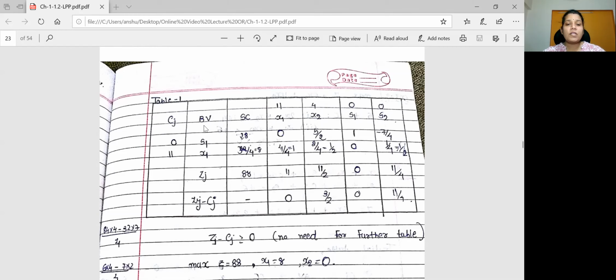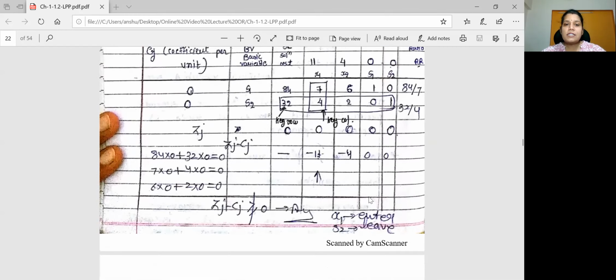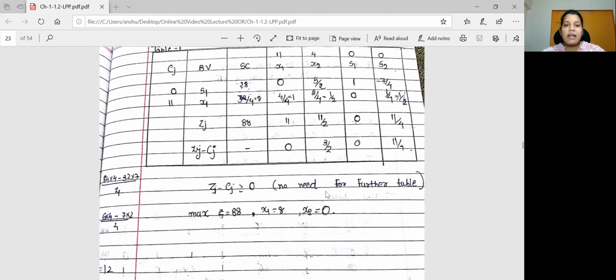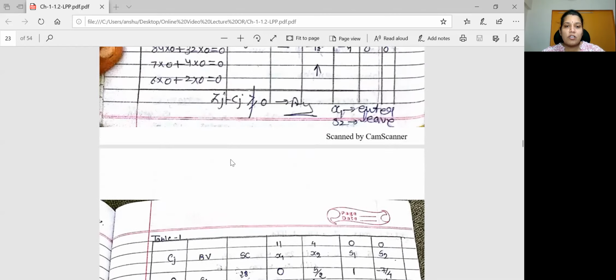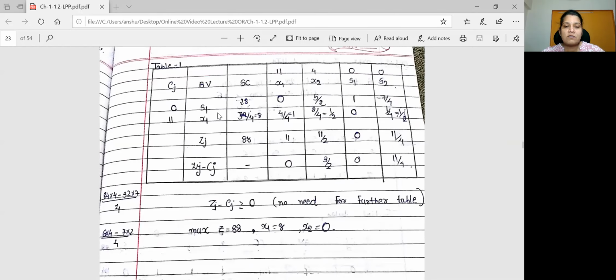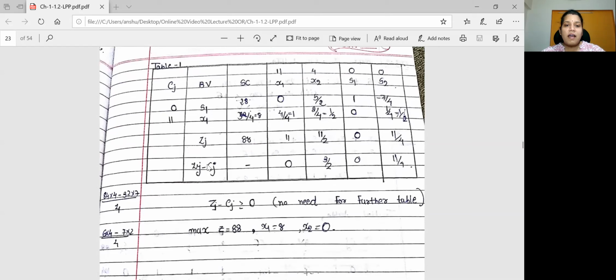Again, in our basic variable, in our first initial table, x1 is enter and s2 is leave. So we write s1 as it is, because the first equation is according to s1, and s2 leaves, but x1 entered, so we write x1. Got it.